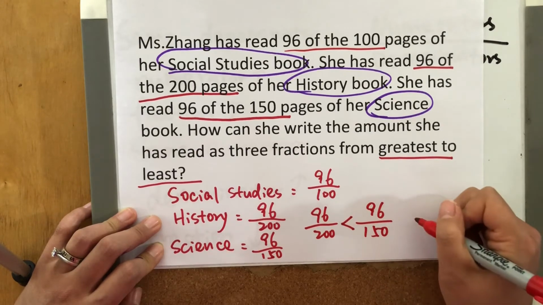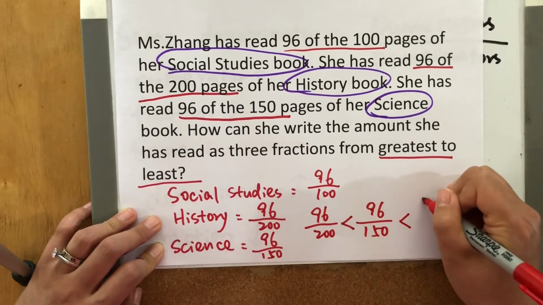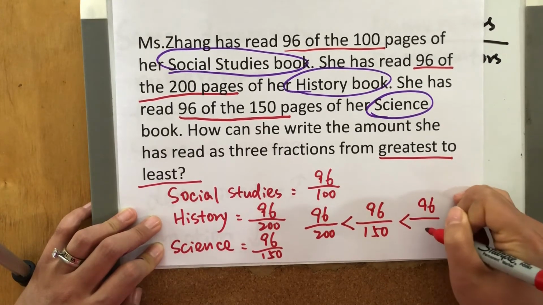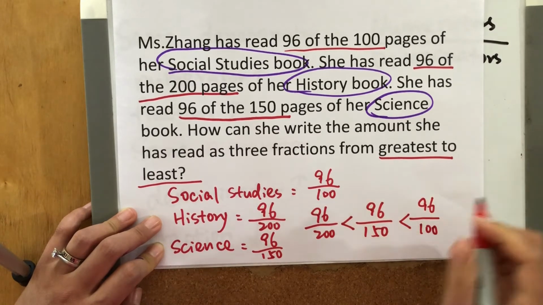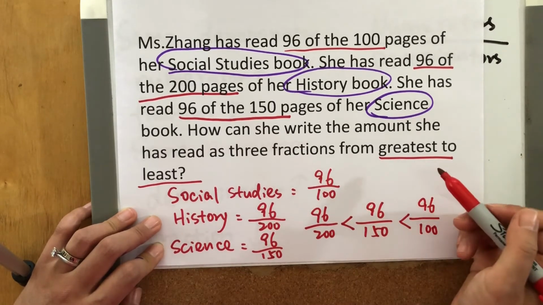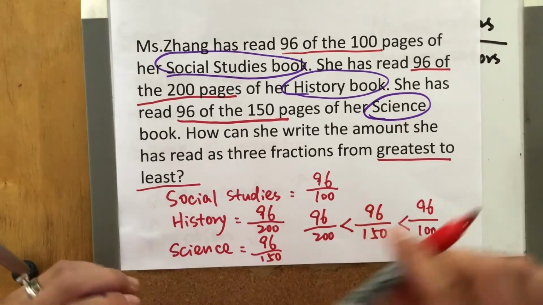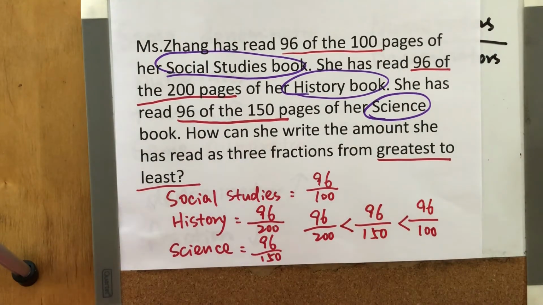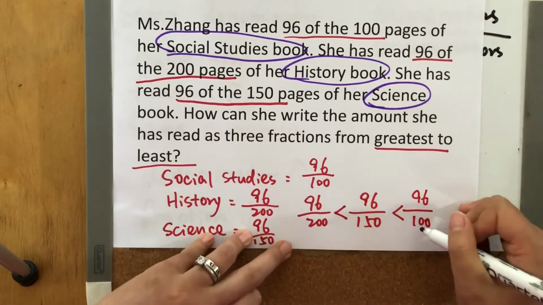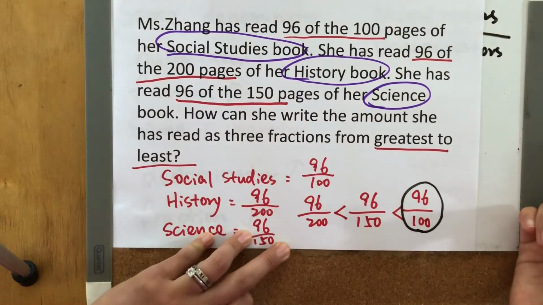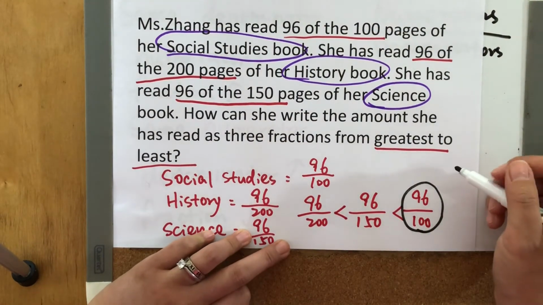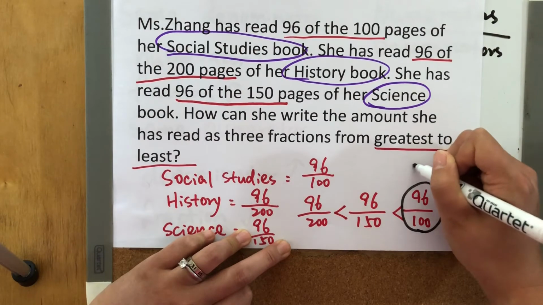And we have last one, 96 over 100 here. So the greatest fraction is 96 over 100, which is social studies.